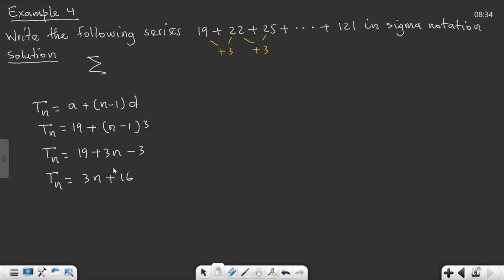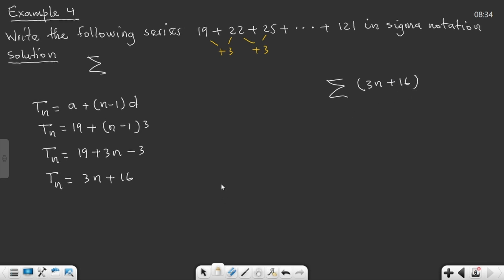So the general term is Tn is equal to 3n plus 16. So let me write it here. So in front of the sigma symbol, you're gonna have 3n plus 16.